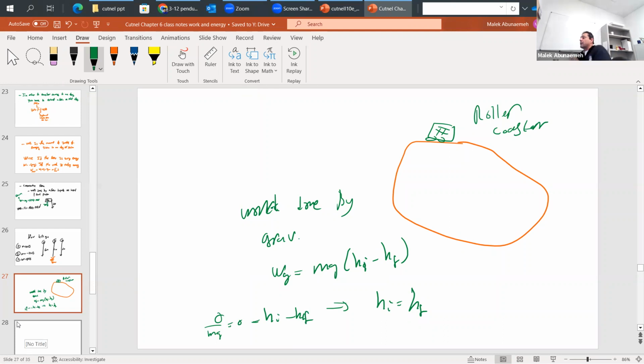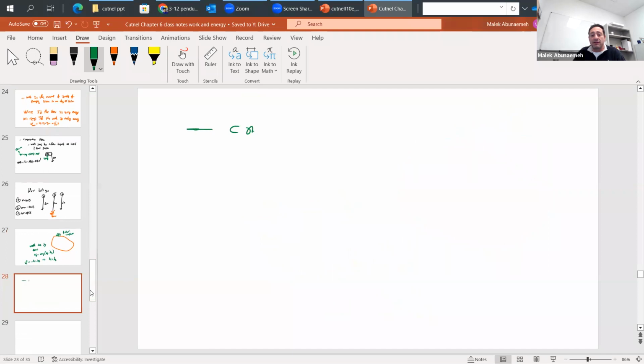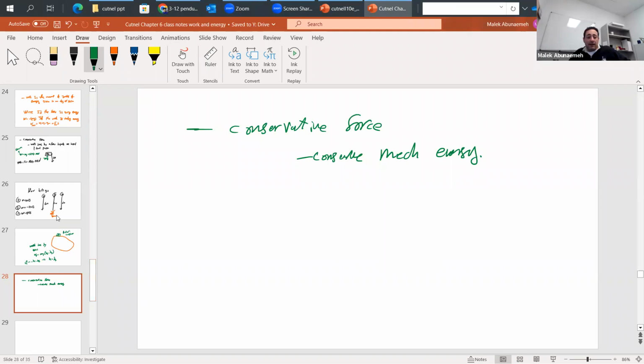So non-conservative work does not conserve mechanical energy. Conservative work conserves mechanical energy. So conservative, from their name, they conserve mechanical energy. Your non-conservative work, such as static and kinetic friction.